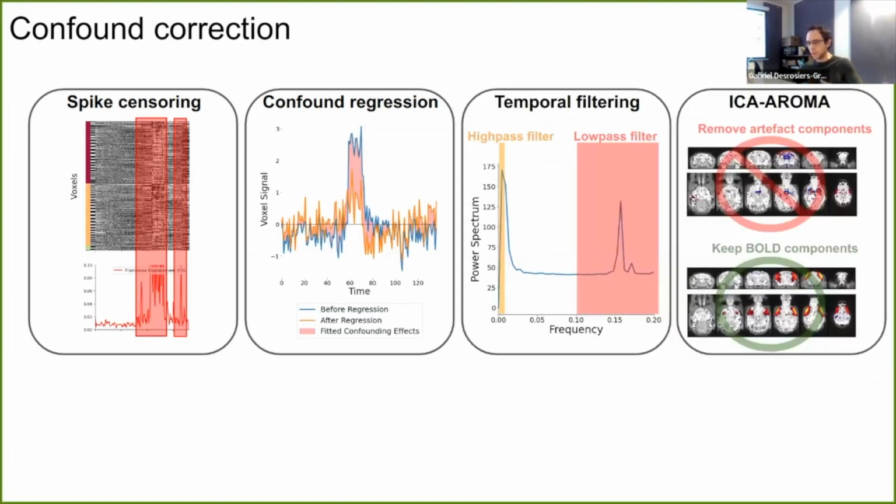And another option that's more advanced, I won't go into the details here, is ICA-AROMA. It uses an ICA decomposition to automatically remove sources of signal that are associated with motion and keep the ones that have more of a neural source. It can be pretty effective for removing high levels of motion. And if you're interested, I recommend reading the original paper on that technique.